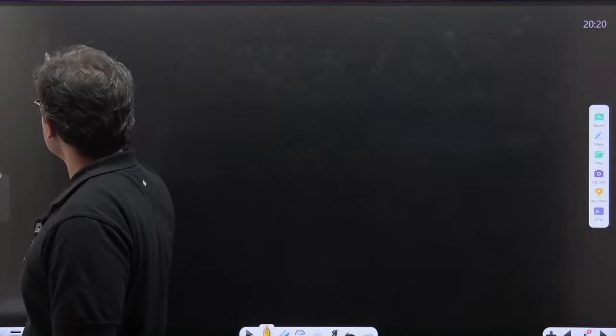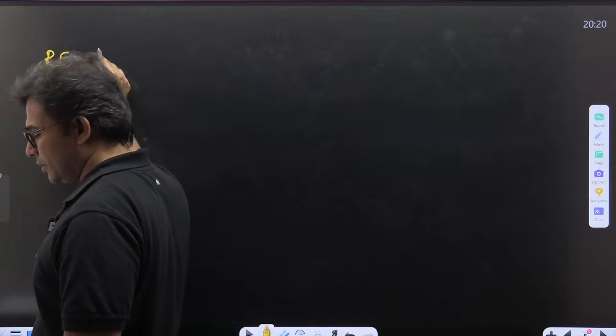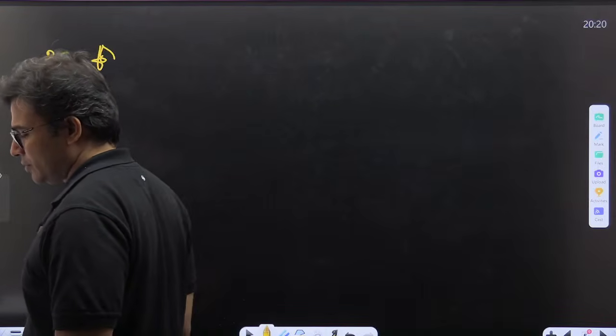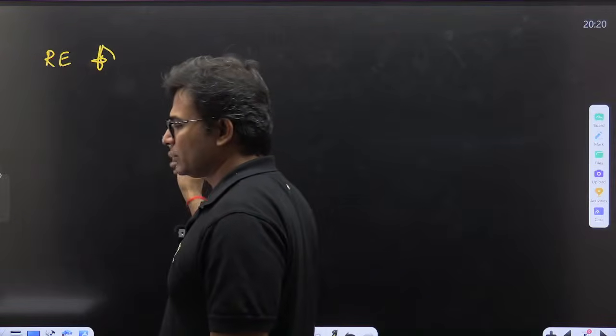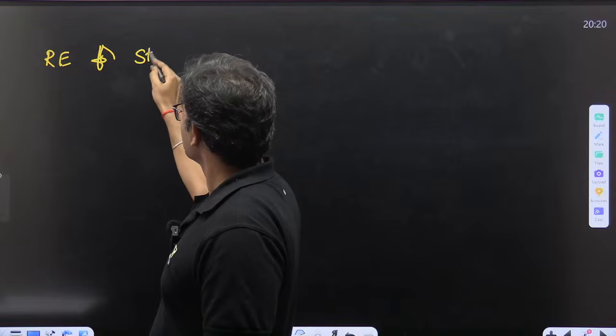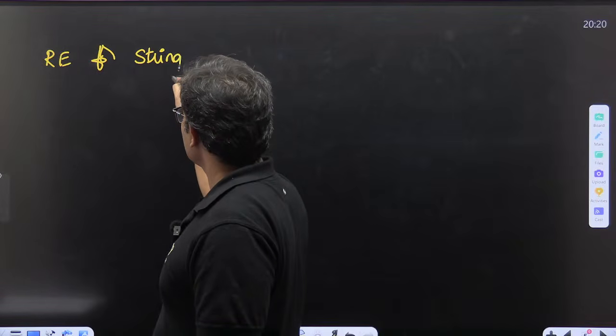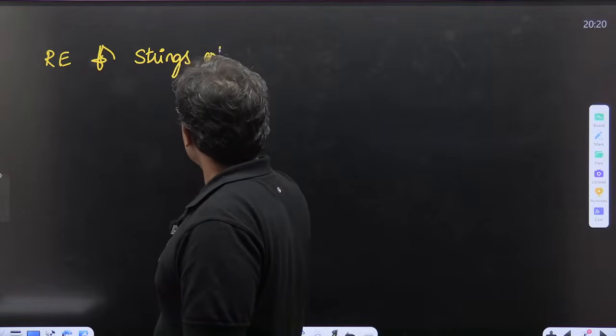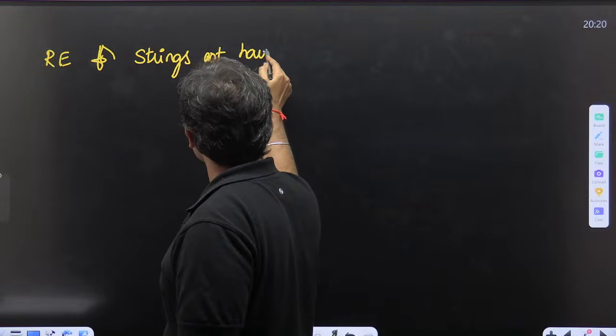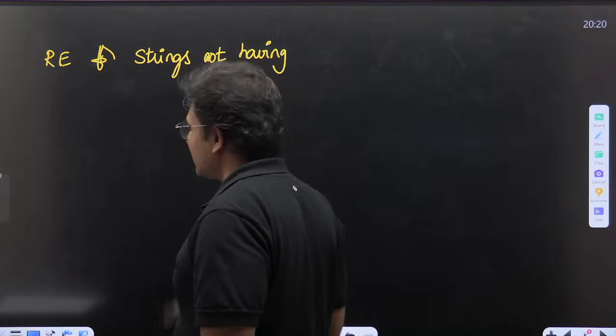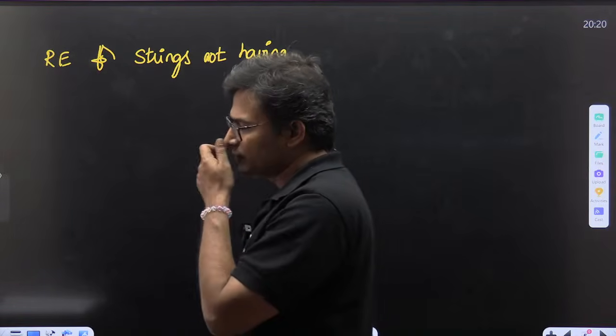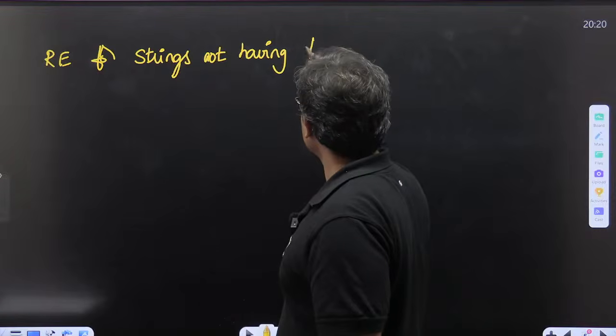Regular expression. Write the regular expression for strings not having two consecutive Bs. It is not very intuitive, okay?